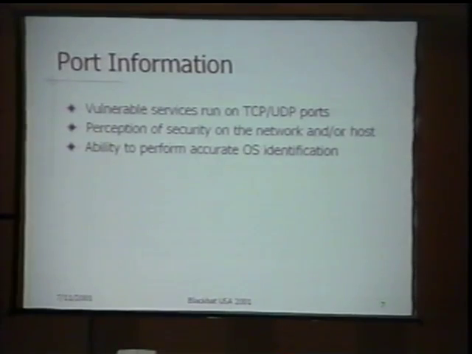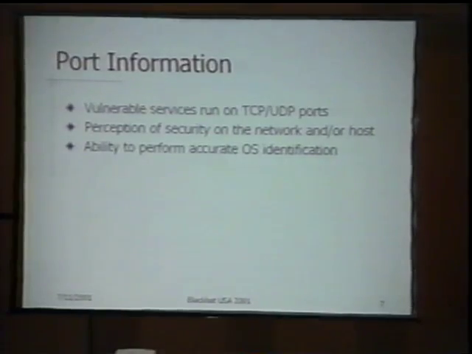If a hacker does a recon on your network and notices that all your machines have all the default ports open, then he can probably conclude that your network is not very well administered and probably will be a lot more noisy and not have to feel like he has to be as stealthy. And finding open ports is also important because it allows us to perform accurate operating system identification.